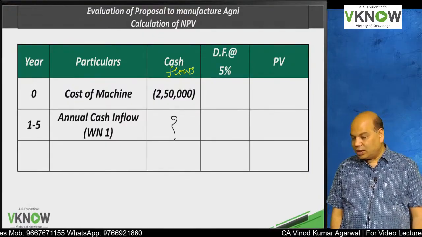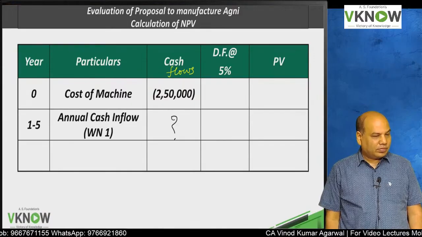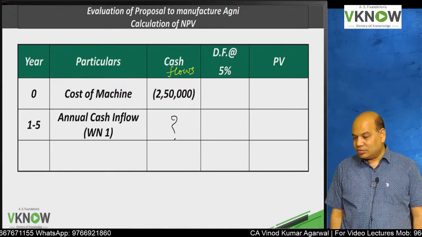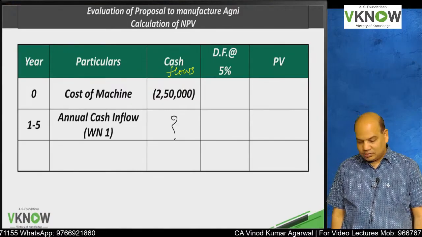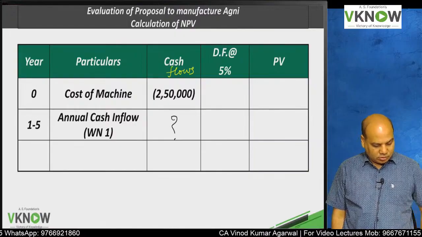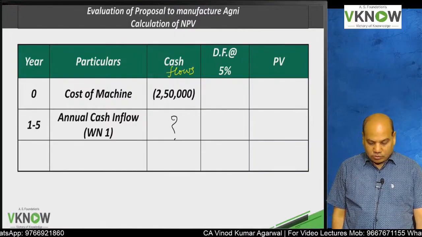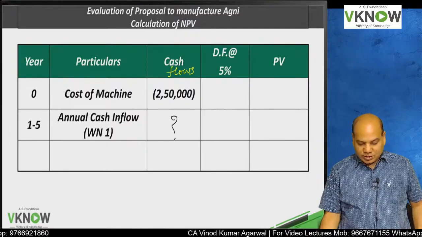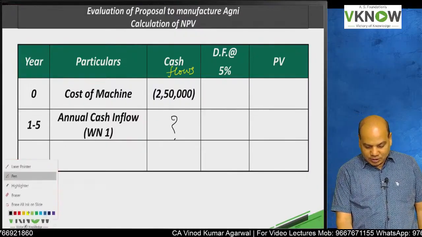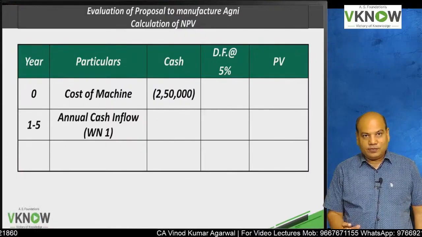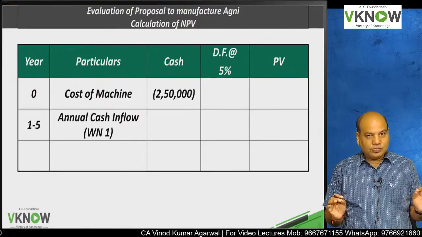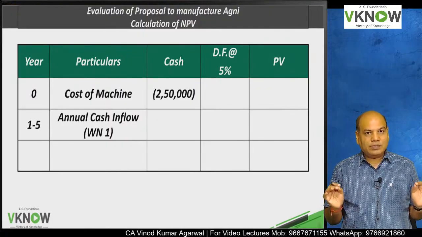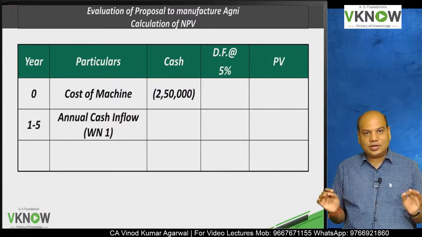One student is saying 10,000. One student is saying 2,20,000. Probably you are making some serious mistake. When I was explaining, you did not pay full attention. You have to only consider relevant cost in decision making.